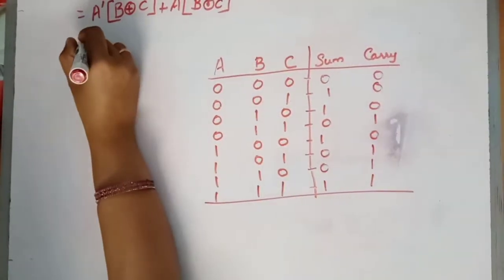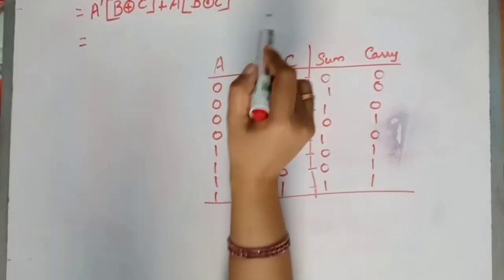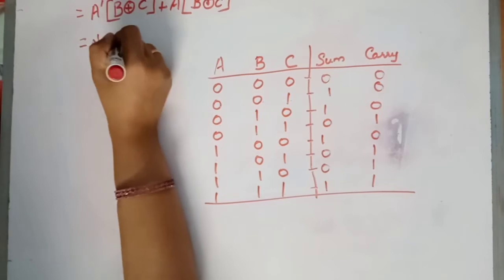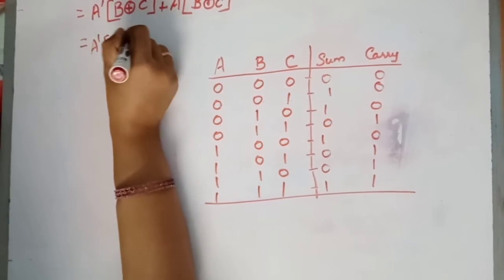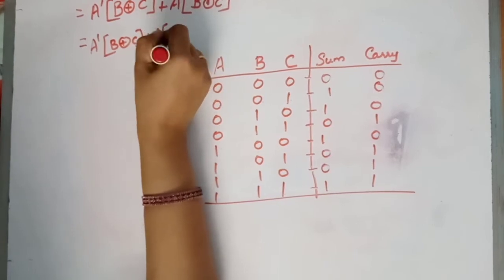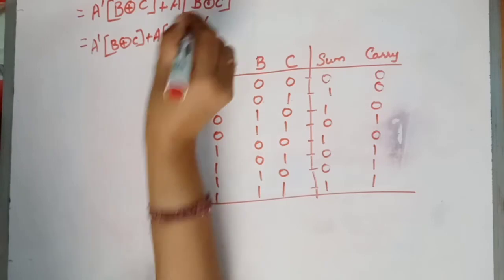Okay. So we also know that XNOR is XOR the whole complement. So this can be written as A bar into B XOR C plus A into B XOR C the whole complement.